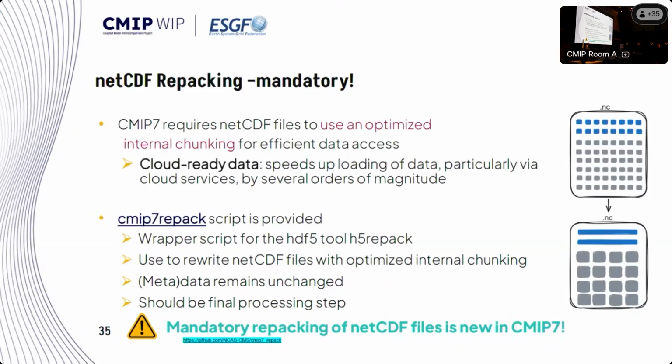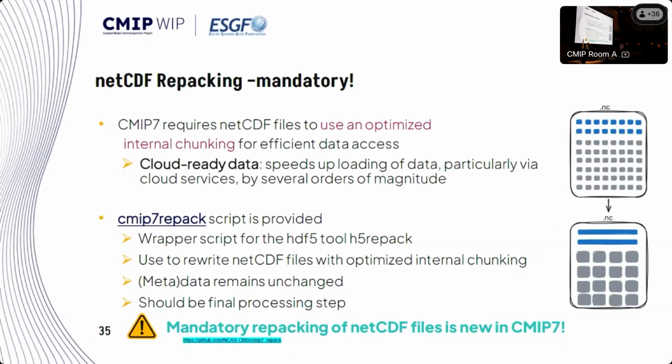And CMIP7 repack is a script that is provided that does just that in a plug-and-play fashion. So you will not have to have a complicated setup of the tool. It should work out of the box to rewrite your data in the required configuration. So metadata and data remain unchanged by the tool, they are only reorganized.